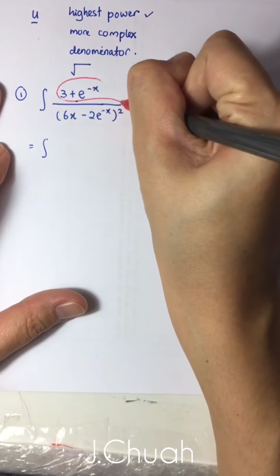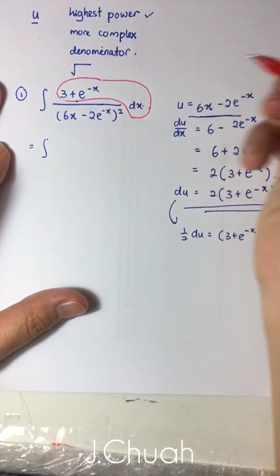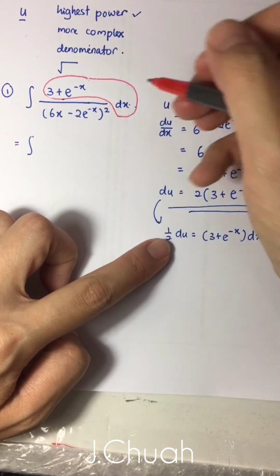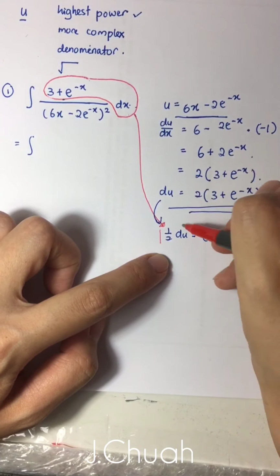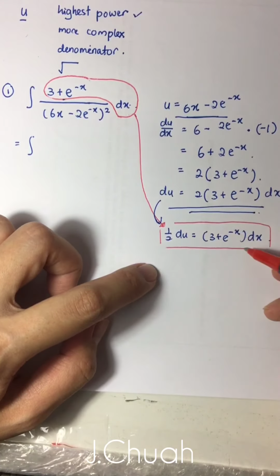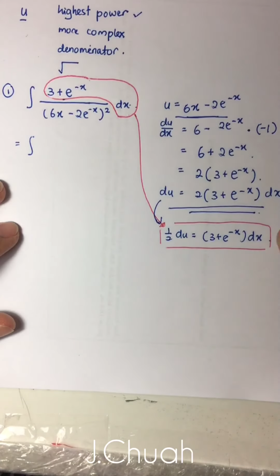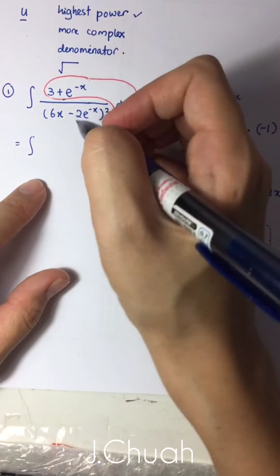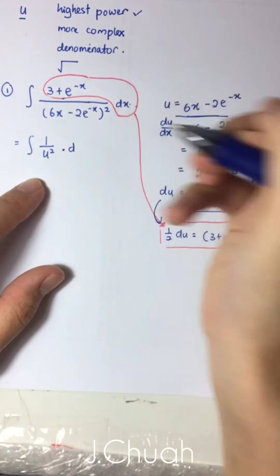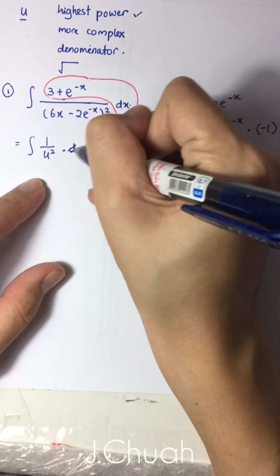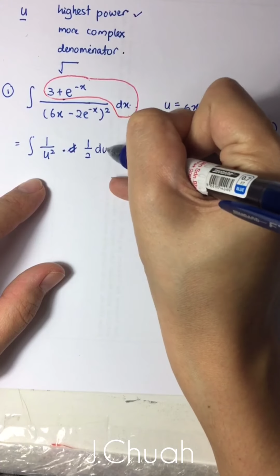This term is actually here. In other words, you can see this is u, so 1 over u to the power of 2 times half du.